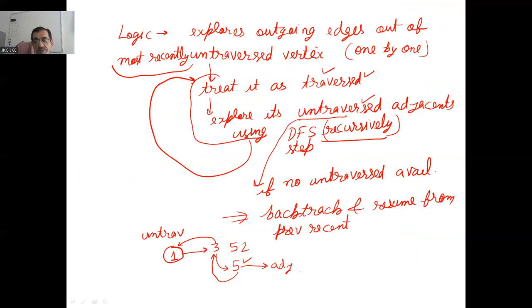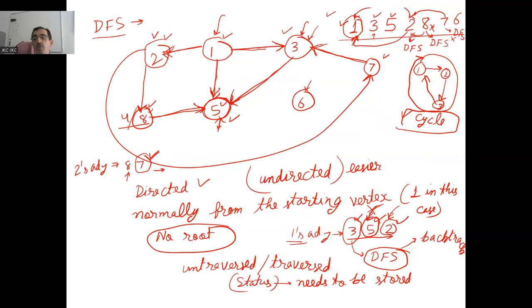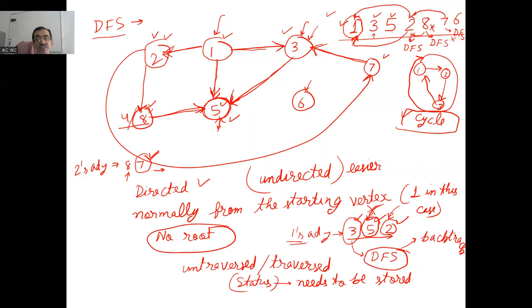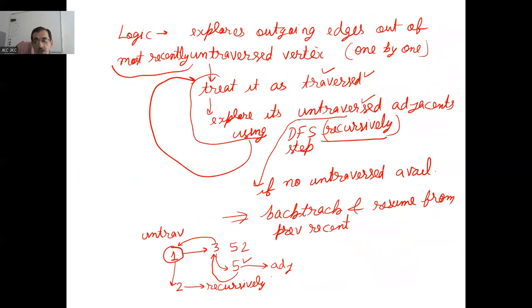From 1, after 3 and 5, I went to 2. From 2, again, I went recursively towards 2's adjacents. You can see that 8 and 7 are adjacents of 2. So from 2, recursively, I went to 8.